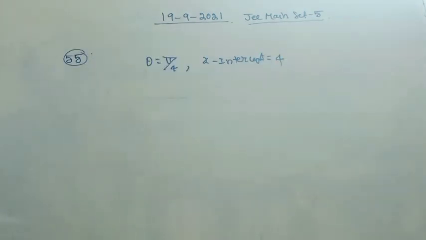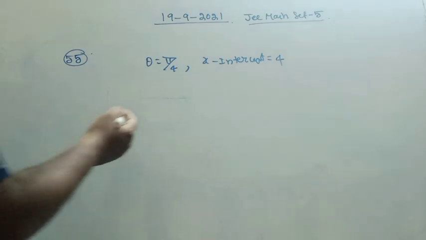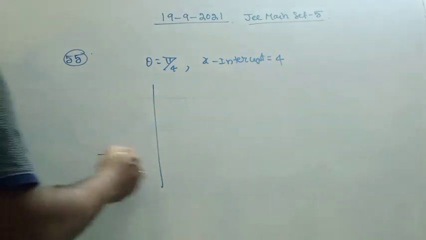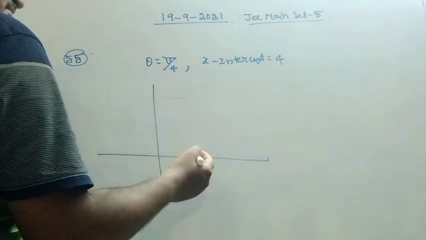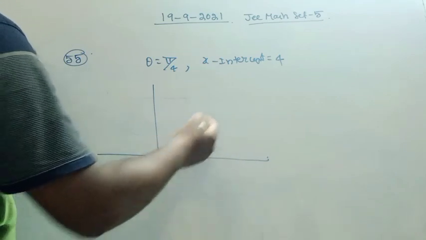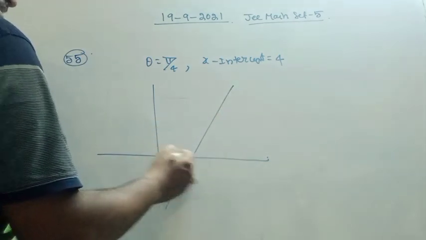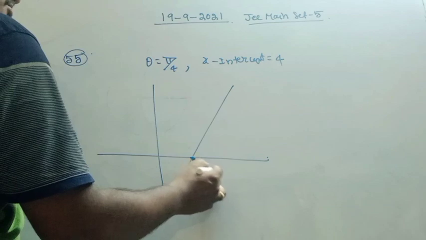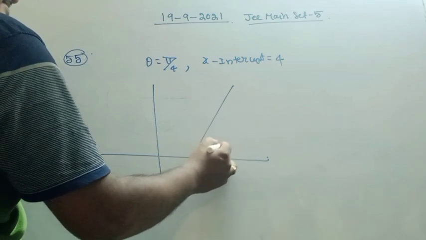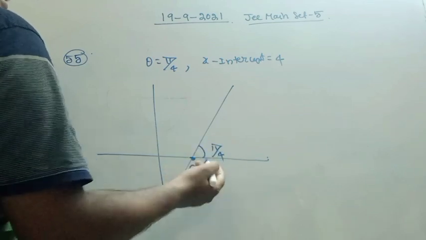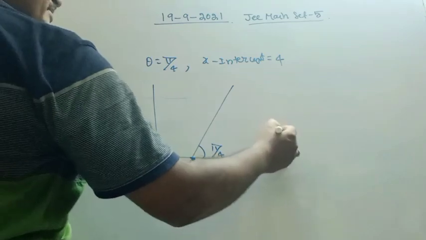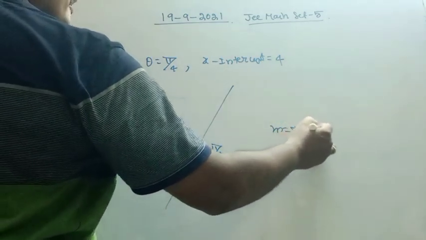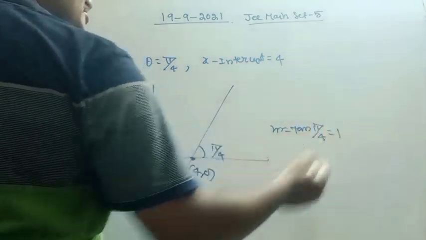See the 55th question, my dear students. The equation of the straight line whose inclination is pi by 4 and x-intercept is 4, they have given. That means there is one straight line whose x-intercept is given like this, 4 comma 0, and it is making an angle pi by 4. That means the slope m is equal to tan pi by 4, which is 1.